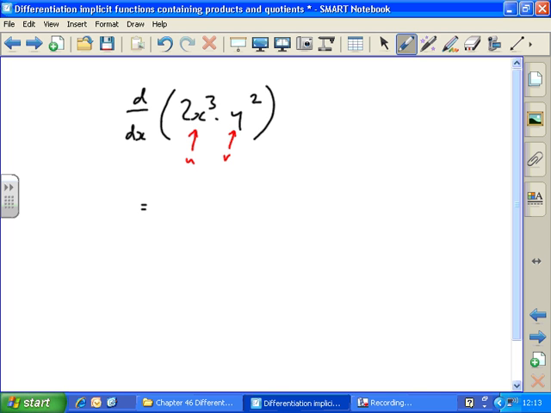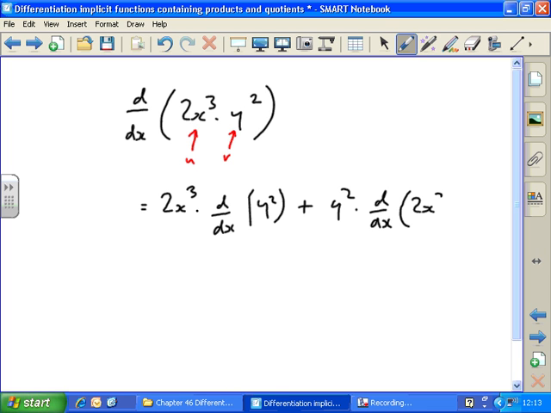So I think this equals the first part, which is 2x cubed, times the differential of the second with respect to x. So that's d by dx of y squared, plus the second part, which is y squared, times the differential of the first part, which is the differential of, in this case, 2x cubed.